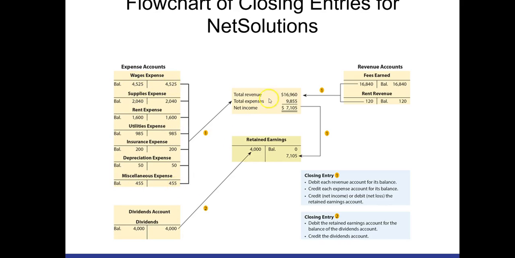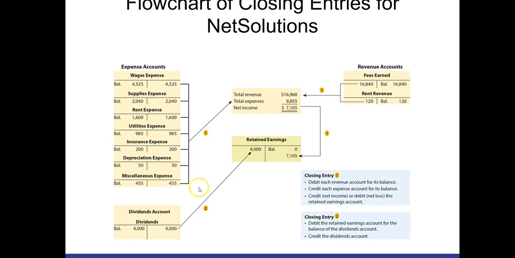We total them, and they equal 9855. This 16960 is my debit, and this 9855 is my credit. I end up with net income of 7105. That was from the income statement, huh? That's a clue that you're doing everything right.